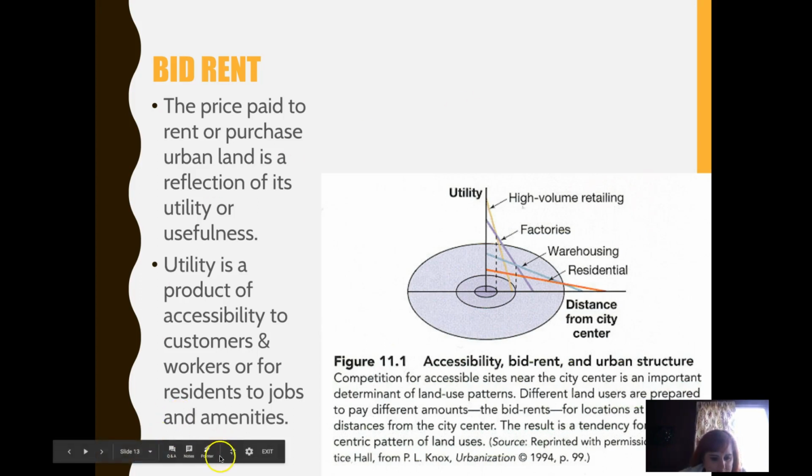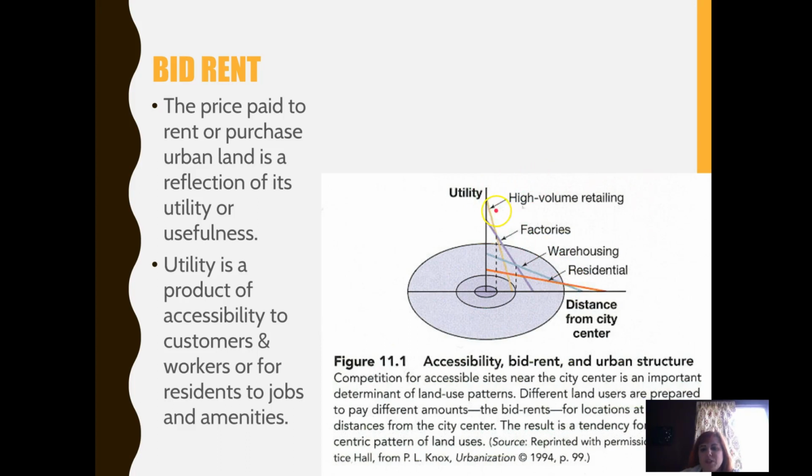Okay, so let me get my little pointer here. This is our model. Utility, this is how important it is. Distance from the city center. This tells you where things are likely to be located.